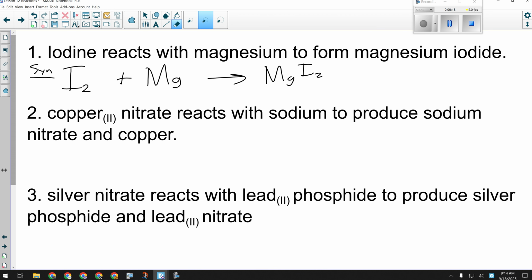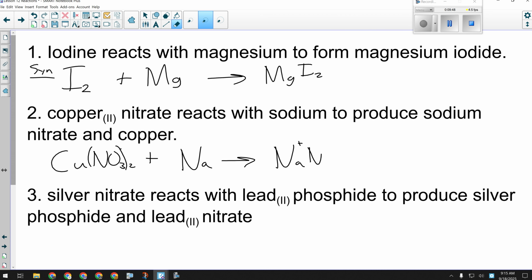How many people have done number 2? So in number 2, I got copper(II) nitrate. So ionic compound. Charge on copper is 2, because that's what the Roman numeral is telling me. It's with nitrate, NO3, that's a 1 minus, so I'm going to need brackets with a 2 outside of them. It's reacting with sodium, and that's going to produce sodium nitrate.